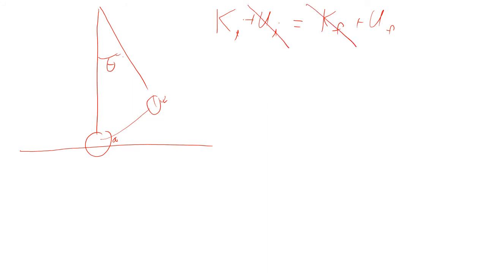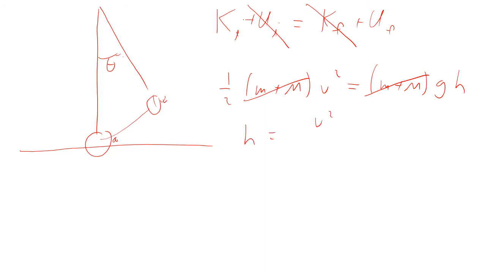It stops when it reaches the top. And so we know that 1/2 total mass times v squared equals total mass times g times h. Masses cancel. Okay, so h, the height, turns out to be v squared over 2g.